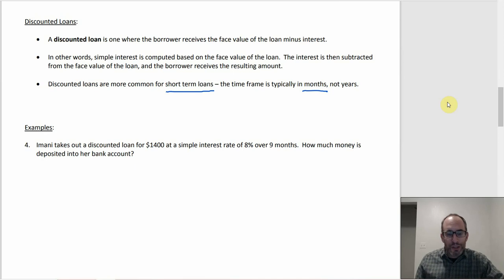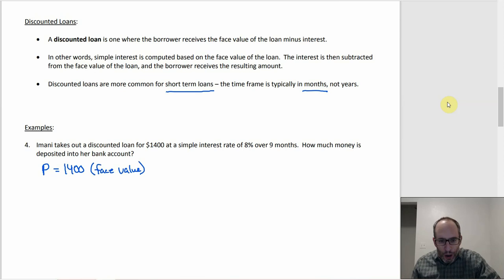Okay, so you still use the same formula to figure out the interest that gets subtracted out. So the P here, the principal, is the $1,400, even though that's not really an amount being invested here, that's really the face value. So I'll just put that in parentheses. So it's the same formula, just a different context, right? A little bit different. R, the rate, is 0.08 per year, right?